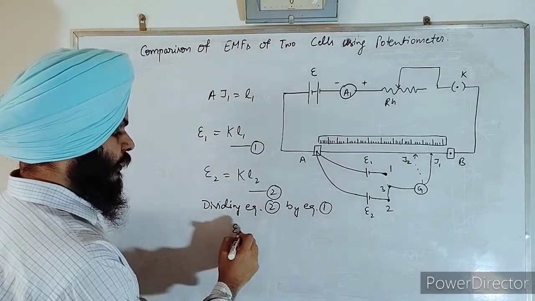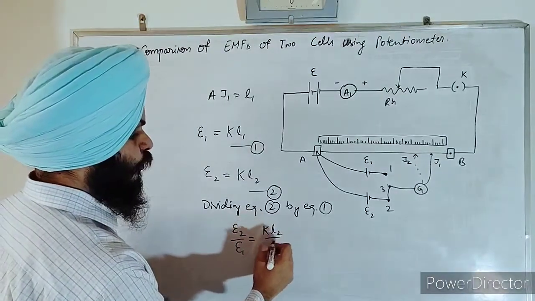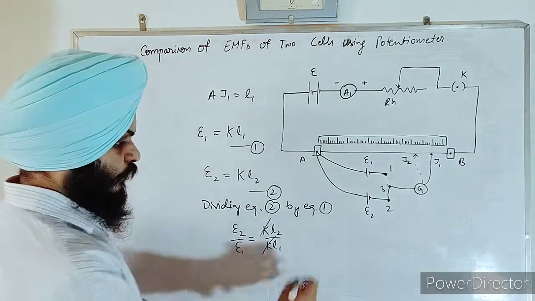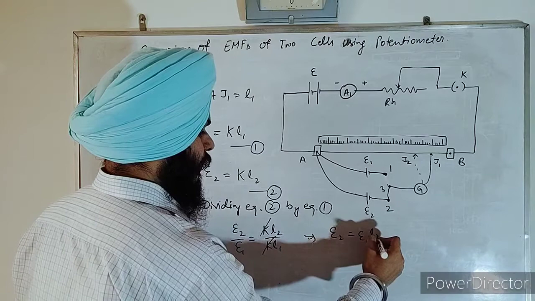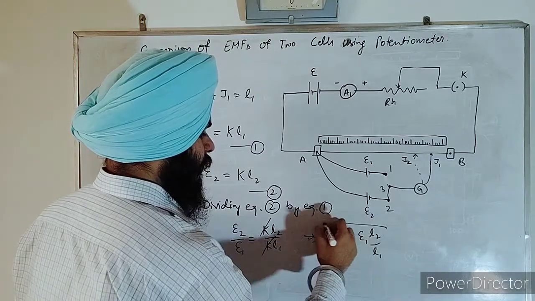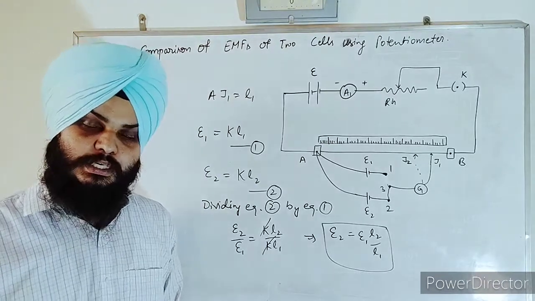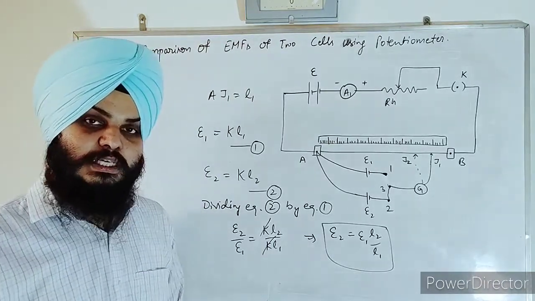So what you get? E2 upon E1 is equal to KL2 upon KL1. So this K cancels, and we get E2 is equal to E1 L2 upon L1. This is the relation from which we can find the unknown EMF of a given cell.